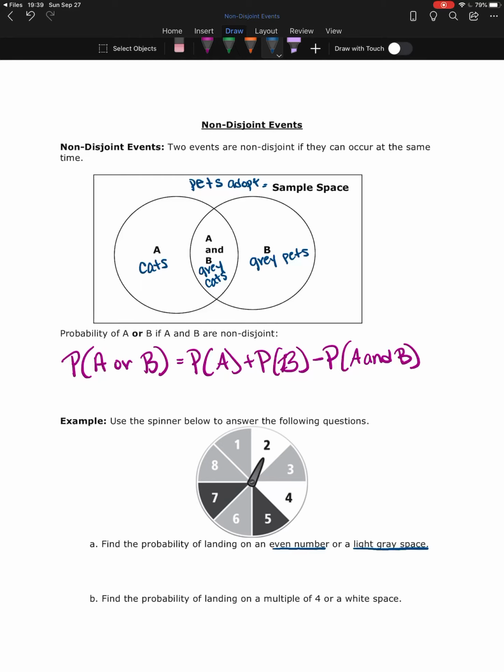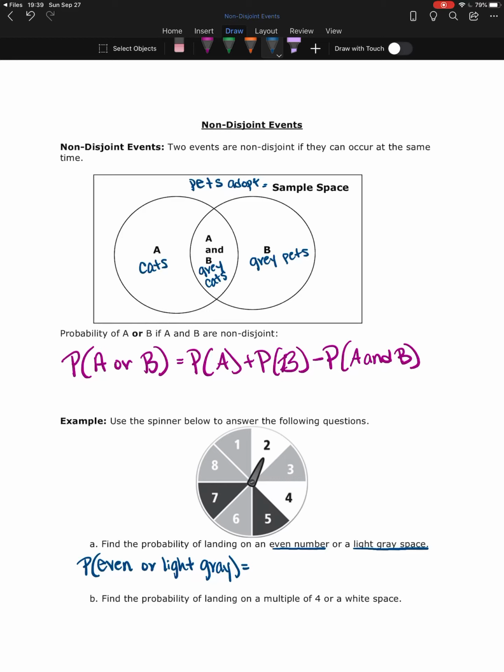It is possible that I have an even number that is on a light gray space. So that means these two events are not disjoint. So I'm going to find the probability of even or light gray, by first finding the probability that I get an even number.